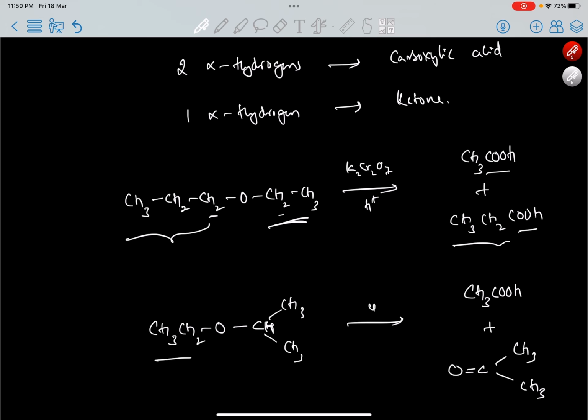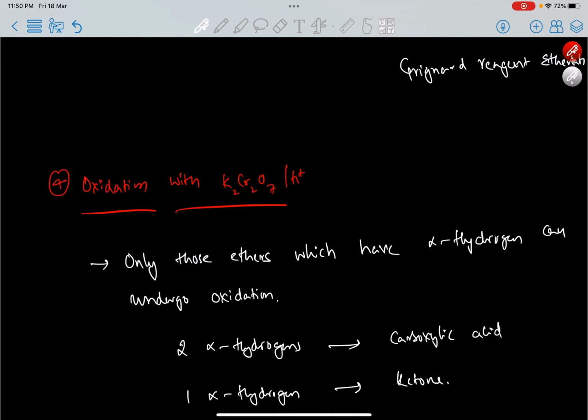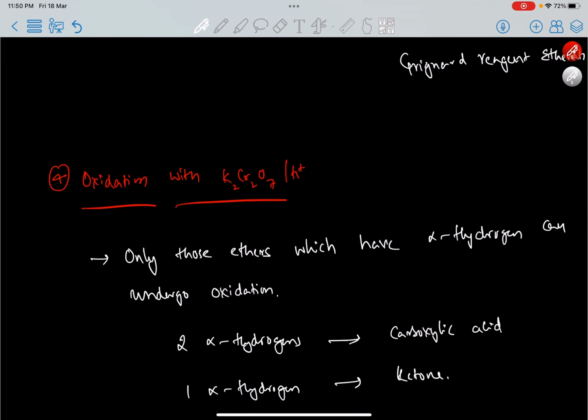If there had been two alpha hydrogens, then we would find the formation of carboxylic acid product. But since we have only one alpha hydrogen, it undergoes reaction to form ketone. So this is all about oxidation with K2Cr2O7 in the presence of H plus.